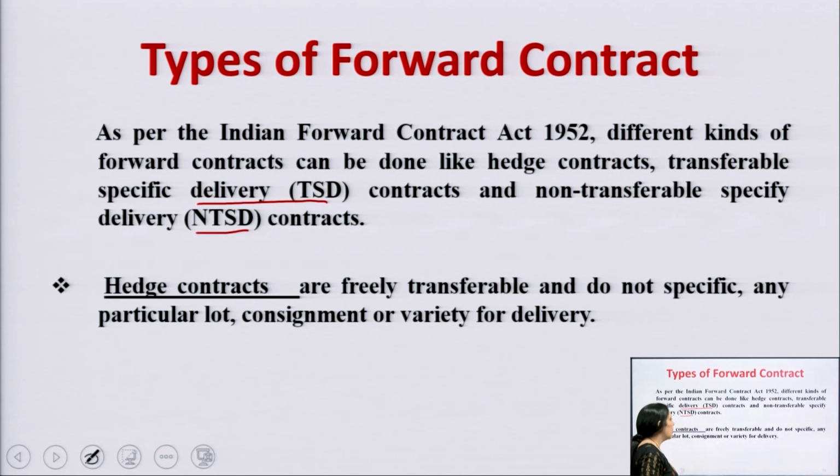The first one is hedge contracts. Hedge contracts are freely transferable contracts and do not specify any particular lot, consignment or variety for the delivery.